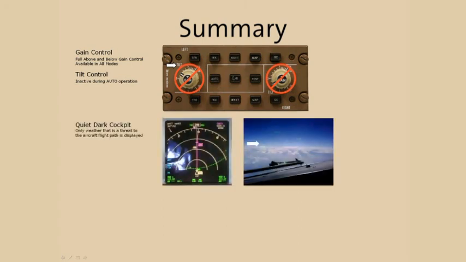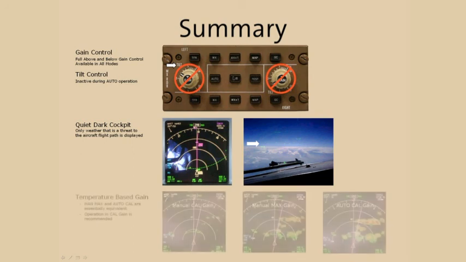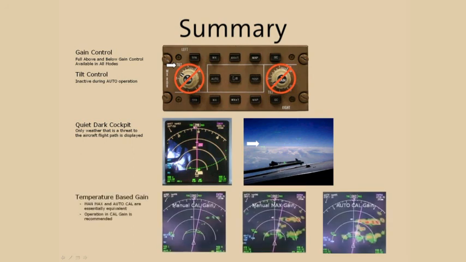Second, in auto mode, MultiScan utilizes the quiet, dark cockpit philosophy, and weather that is below the aircraft flight path is not displayed. Third, automatic temperature-based gain increases the gain as the aircraft climbs into colder regions, resulting in a picture that is very similar to manual max gain at cruise altitude. Operation in cal gain while in auto is recommended.